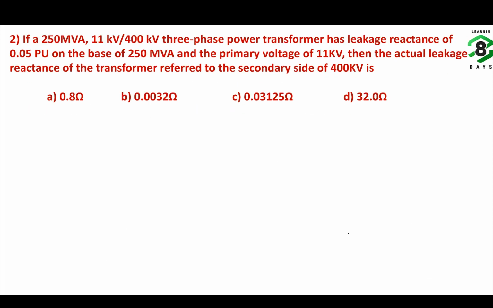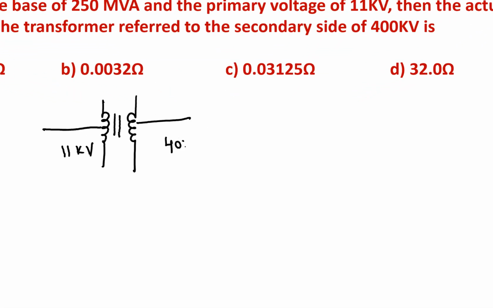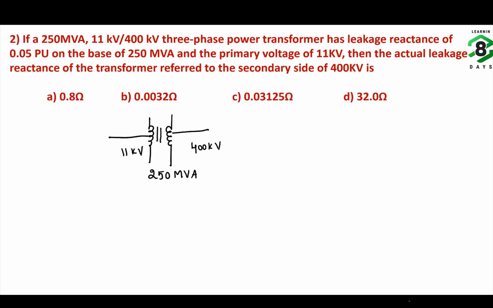So he's telling that there is a power transformer. The LV side is 11 kV, the HV side is 400 kV, and the transformer MVA rating is 200 MVA. In a transformer, the per unit impedance is calculated for the equivalent impedance referred to either primary side or secondary side.